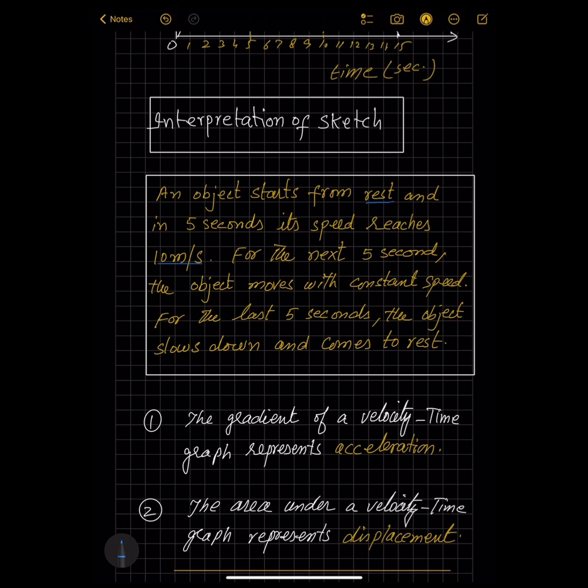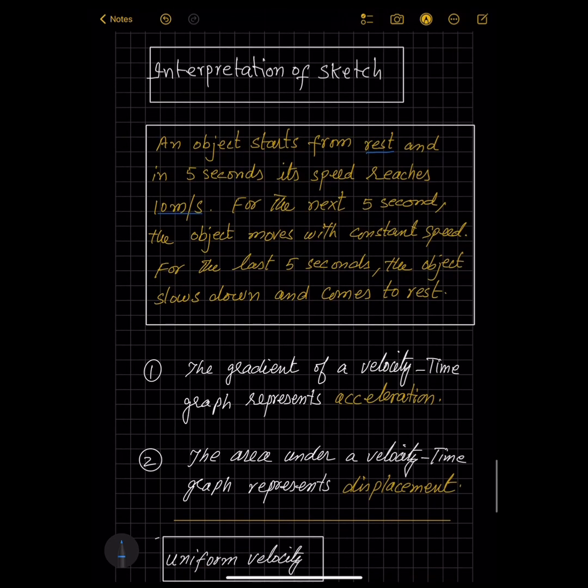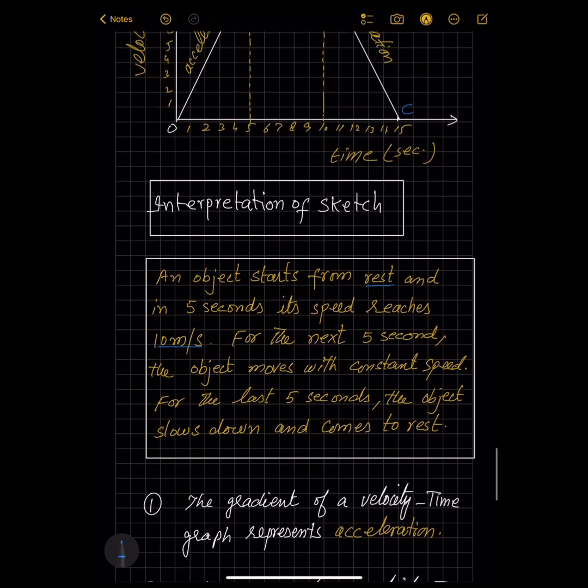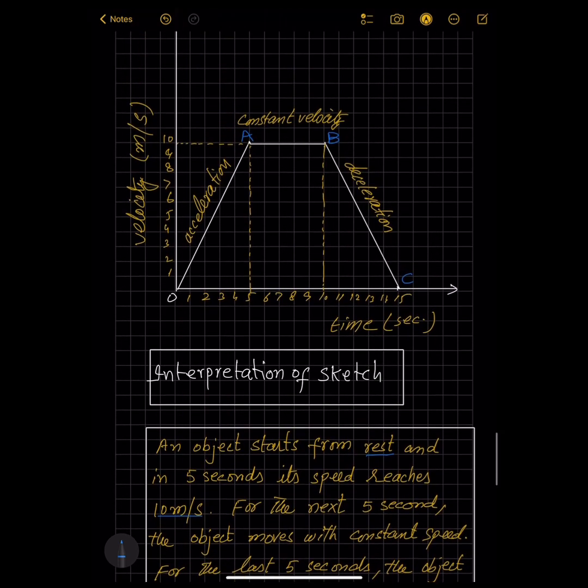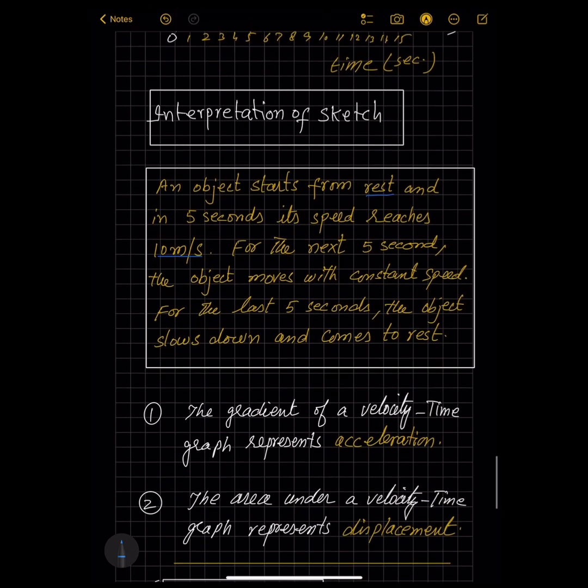The area under the velocity time graph represents displacement. तो इसका clearly the graph is a trapezium. If we take the area of this trapezium, we will get the displacement covered by the object.